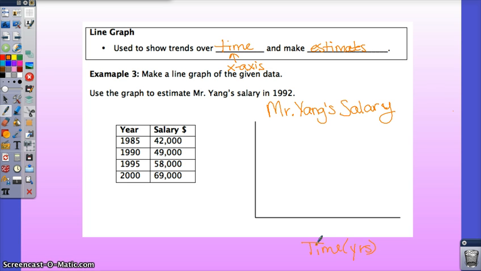And we want to space these out evenly according to the year. One way that a graph could be misleading, which we will talk about in the next lesson, is if you were just to count by different intervals throughout. So all of these are counted by 5. I would space them out evenly by 5.